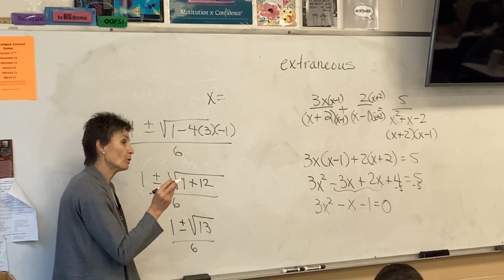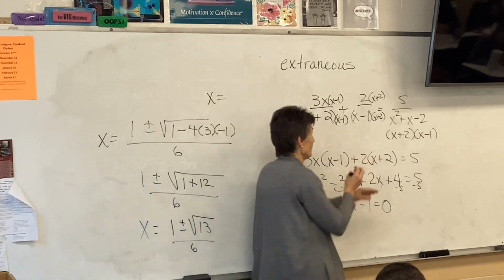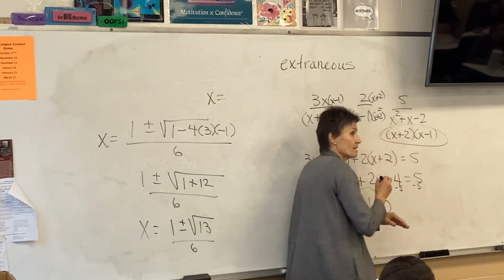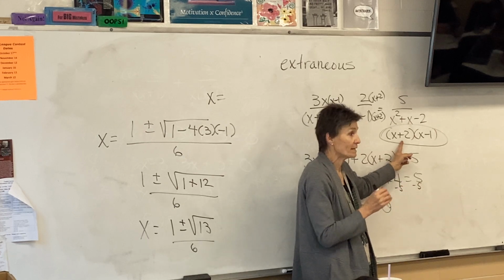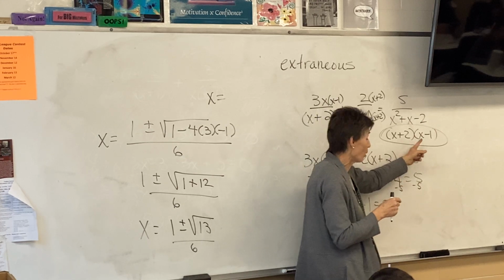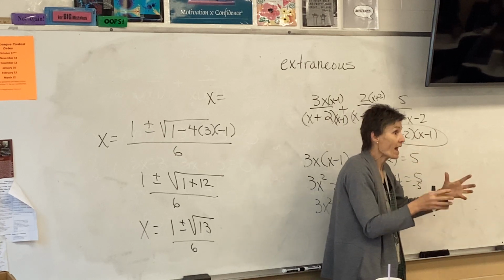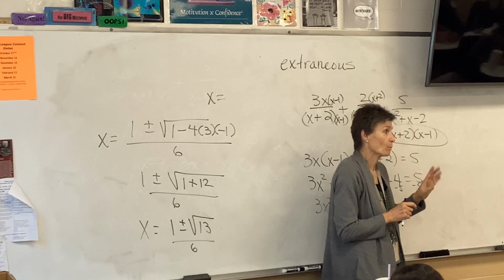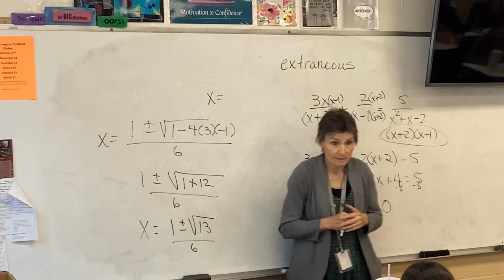Now, please don't worry about those being extraneous. If you look at your problem, you can tell me what the extraneous numbers would be. The extraneous numbers would be -2 or +1. So as long as it's not that, it's okay, even though it's a radical and ugly, it's okay.